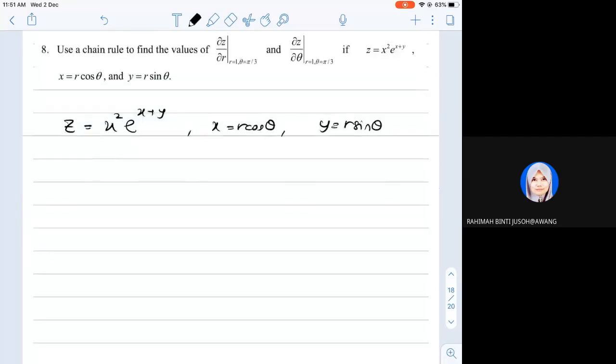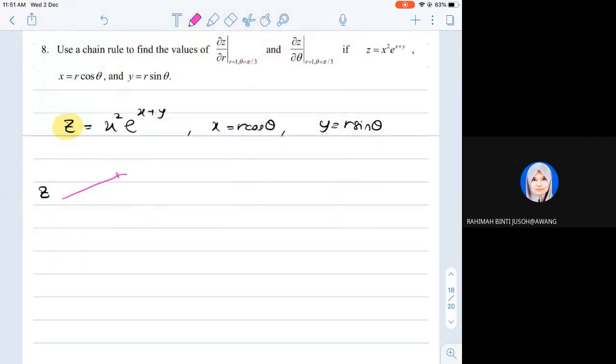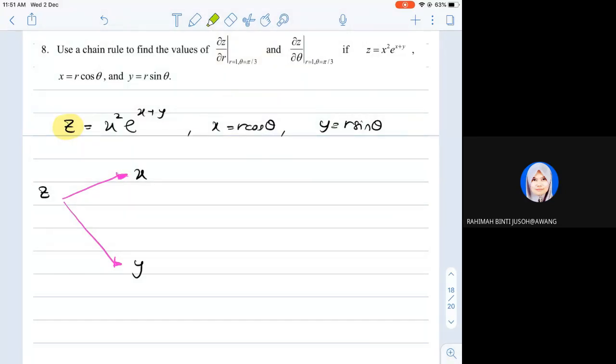Of course, this is the subject, so we start with Z. Z has two branches, x and y. If you look carefully, x equals r cos theta, so x consists of two variables, r and theta. So we split into two again.